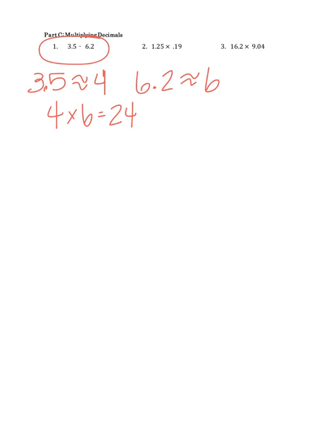Now we multiply. 3 and 5 tenths, we multiply as though it's 35. 6 and 2 tenths, we multiply as though it's 62. Add a 0 as a placeholder. And we add.